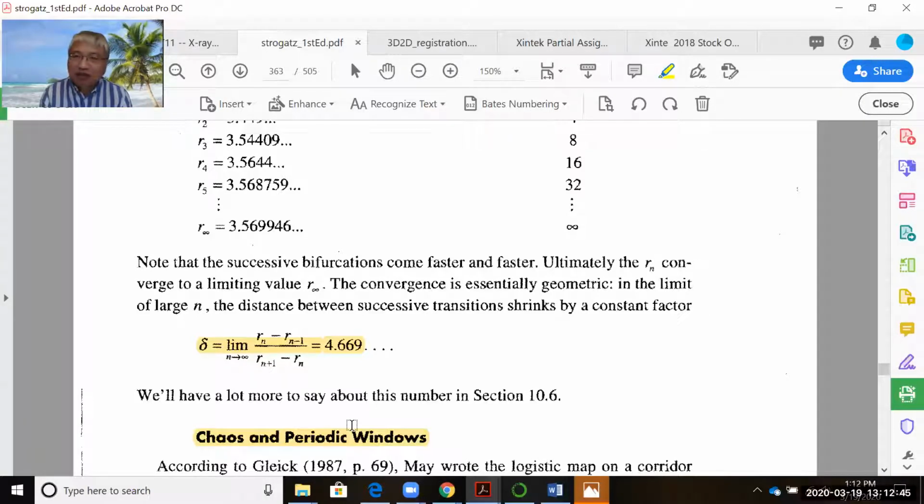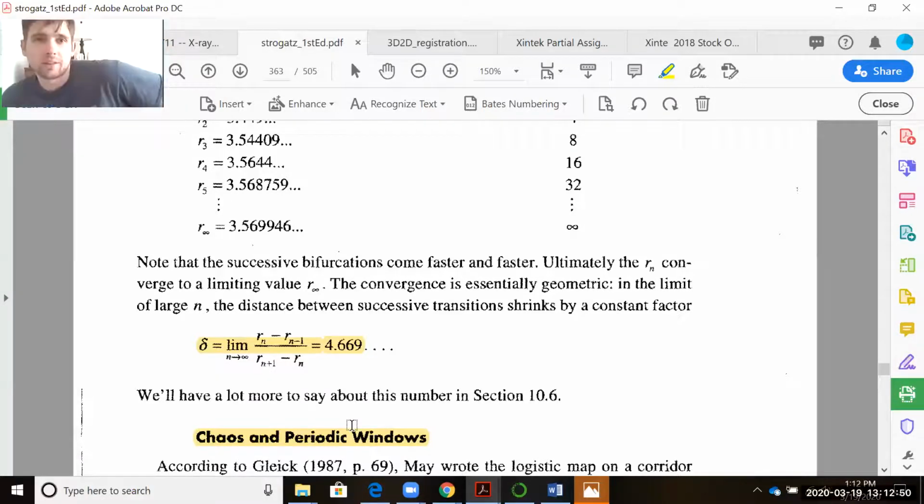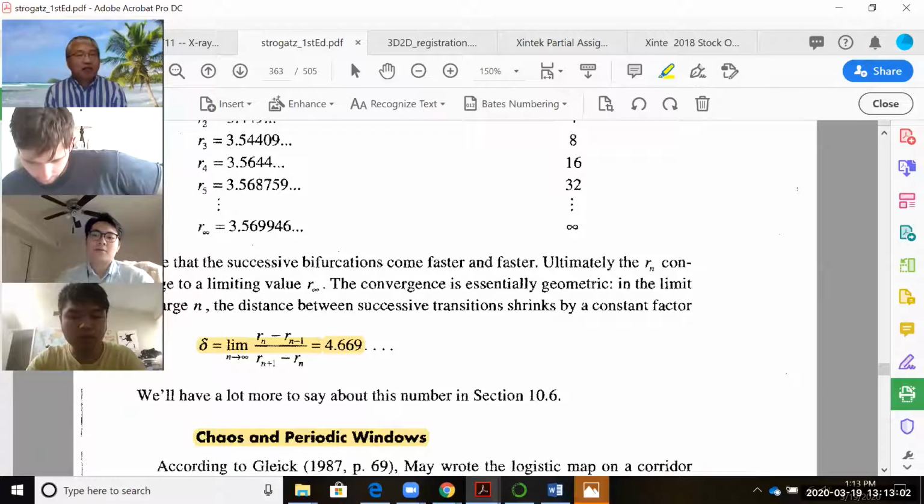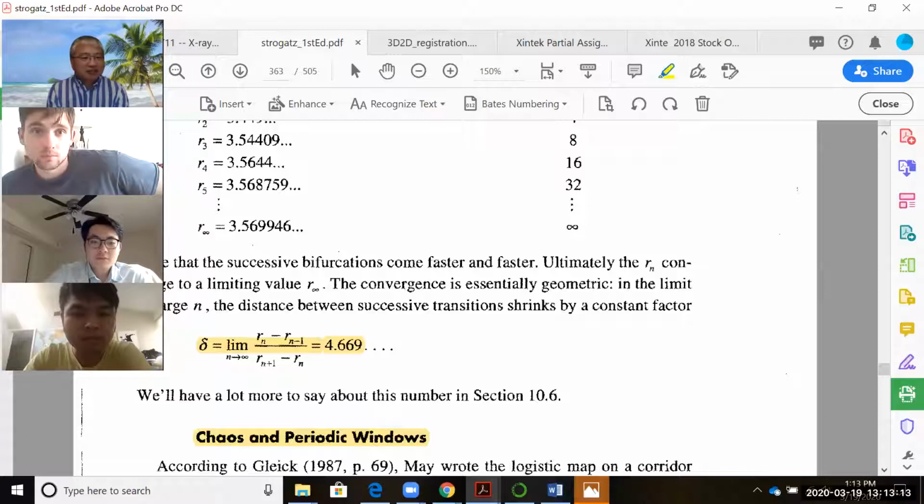How we define objects as chaotic? There are three things: aperiodic, sensitivity to initial conditions, and something else. Ray, can you hear me? Oh, yeah.